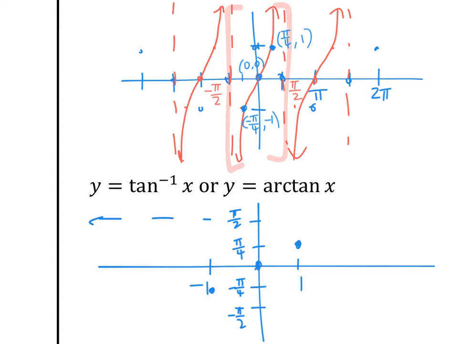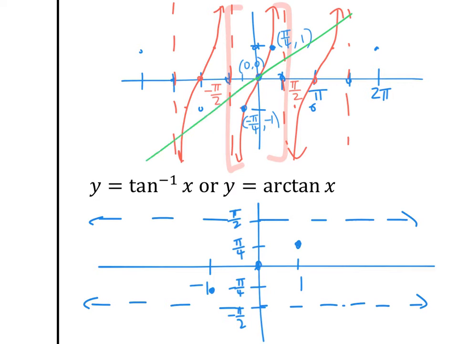So we have our asymptotes. All right, and then the inverse function is going to flip over that line. So this inverse function becomes this shape. And it goes on forever because it's trying to get to the asymptotes.